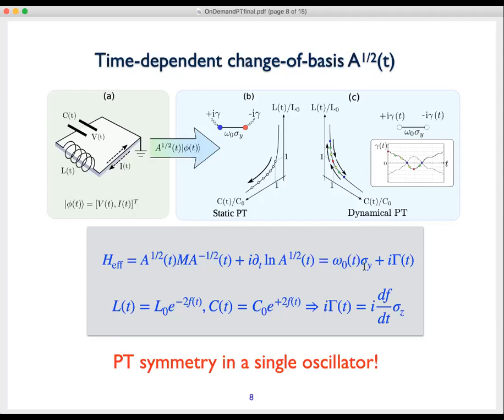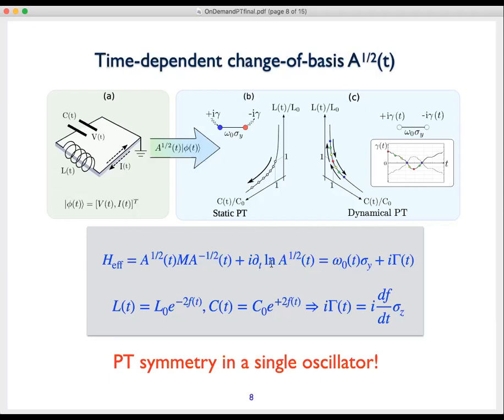In general, I'll get omega naught of t if L and C are unconstrained variations. But I'm now going to focus only on constrained variations where L and C are varied with time such that the frequency of my oscillator does not change. That's the key idea. So how do I do that?